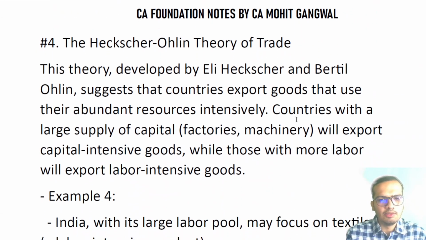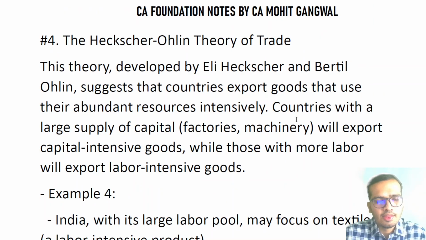Then comes the fourth theory, the Heckscher-Ohlin theory of trade. This theory, developed by Eli Heckscher and Bertil Ohlin, suggests that countries export goods that use their abundant resources very intensively.